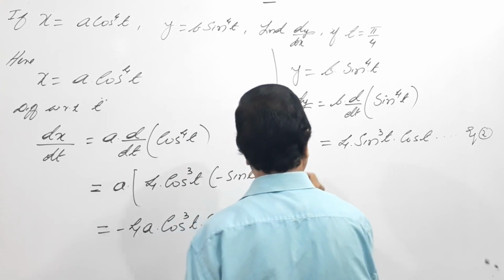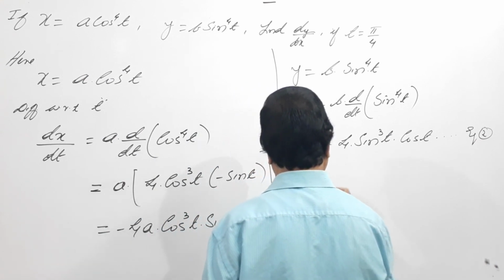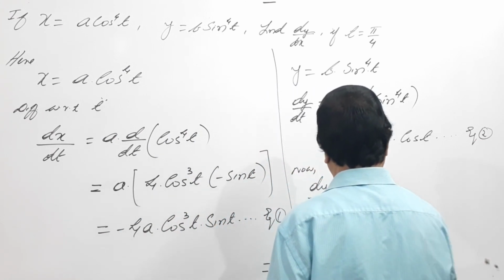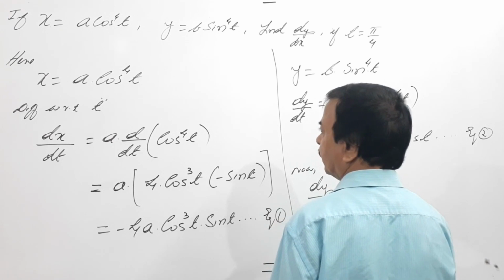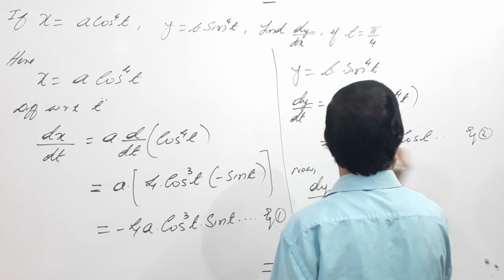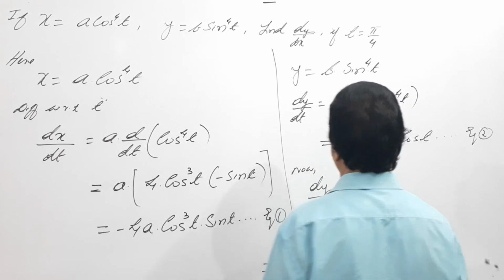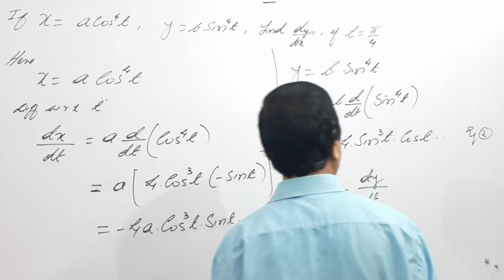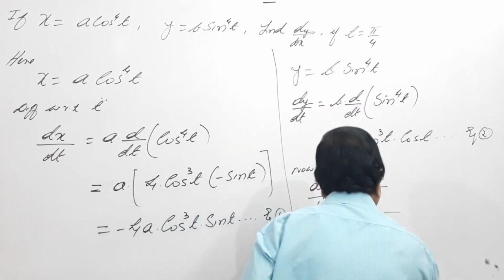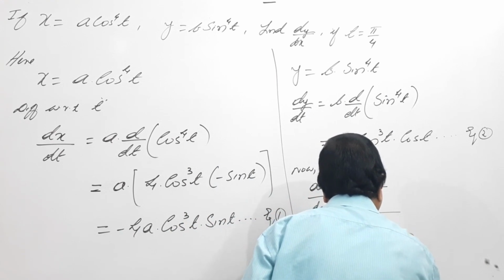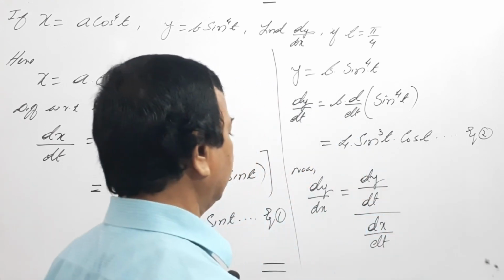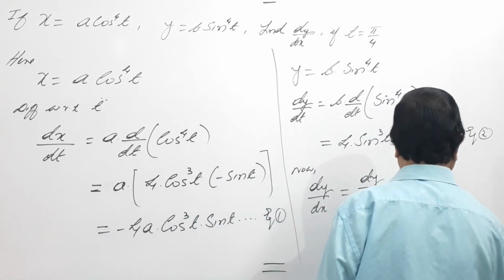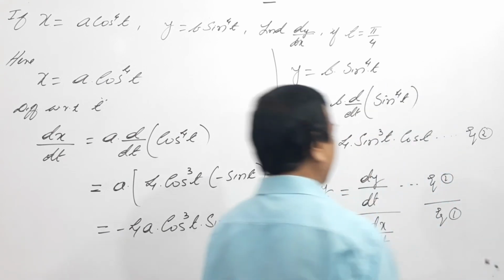Now dy by dx equals what? dy by dt divided by dx by dt. So this is our equation 2 divided by equation 1.